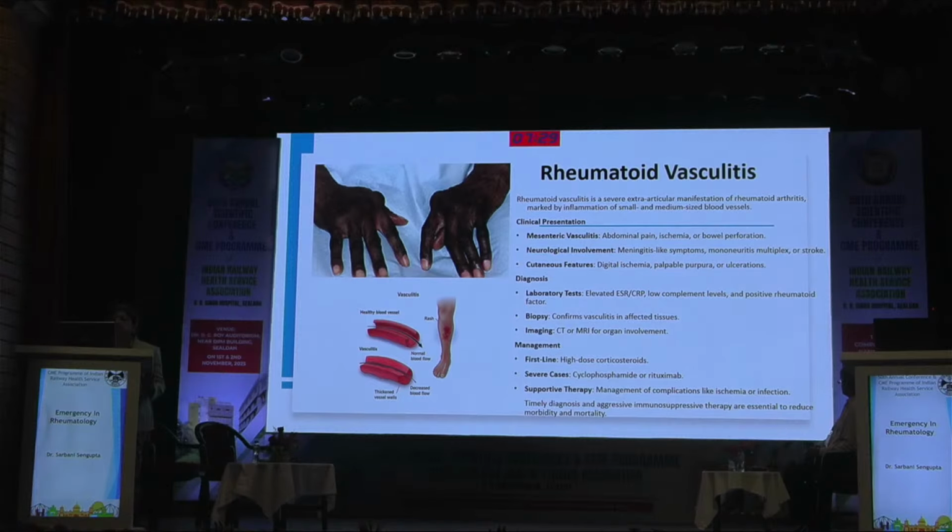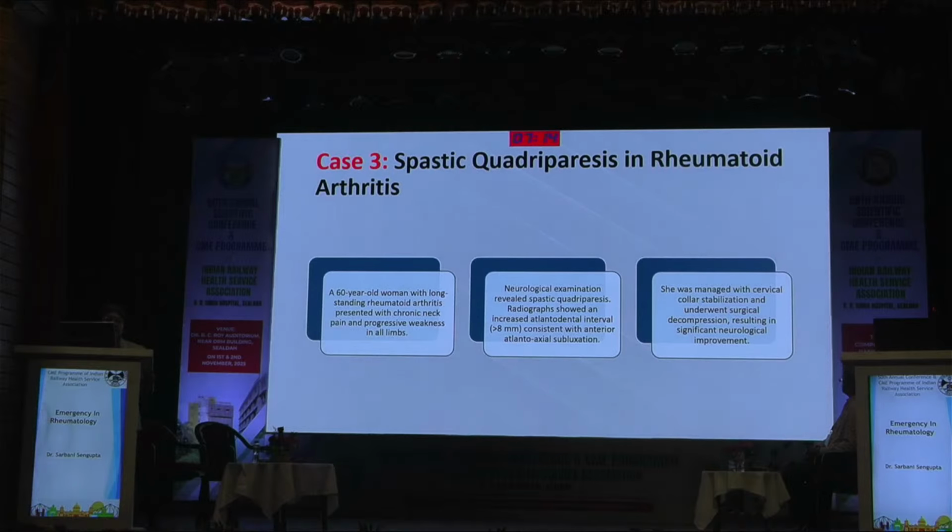The acute emergency may arise from mesenteric vasculitis, neurological involvement like meningitis-like symptoms, mononeuritis multiplex, or acute stroke. They may also be associated with palpable purpura or ulcerations.